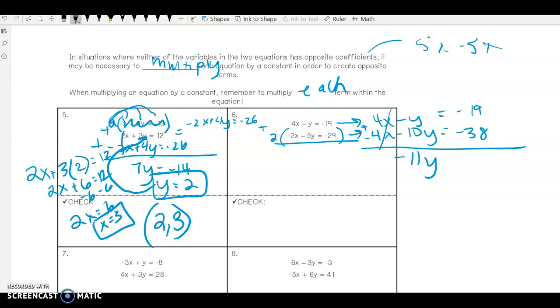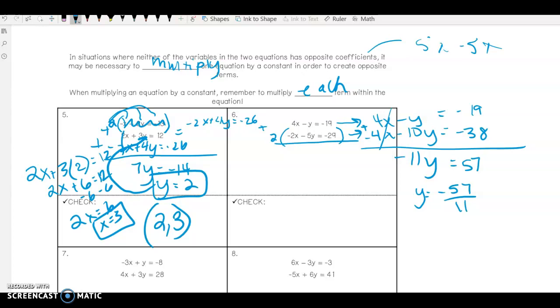That can't be right. Let me see. So negative 19 plus 38 is 57. Let's see, did I do something wrong here? Negative 11. Nope. So then I get y equals negative 57 over 11.